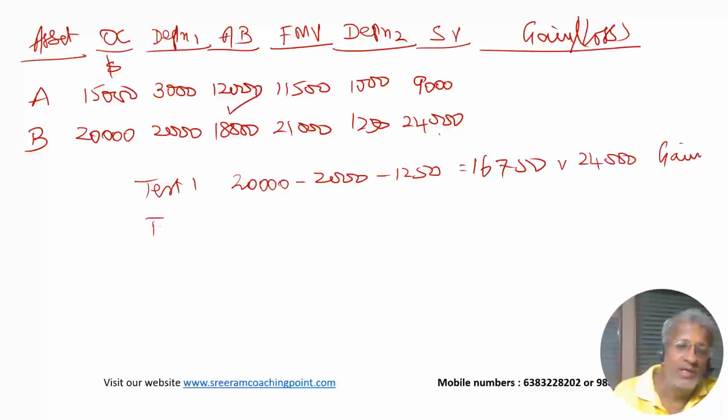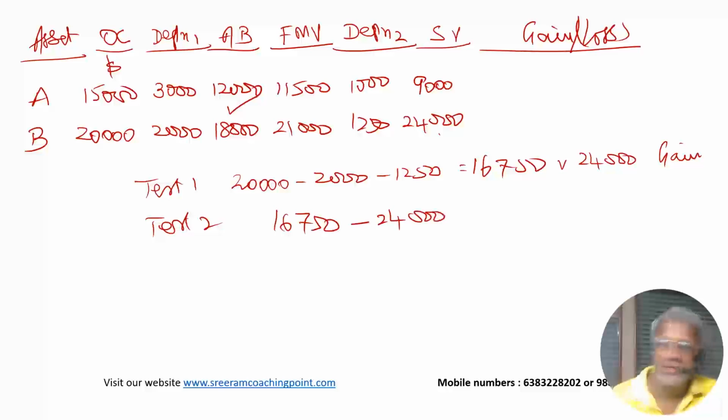Correct. In test 2, the base is going to be the same, so 16,750 versus 24,000 would result in a 7,250 gain.